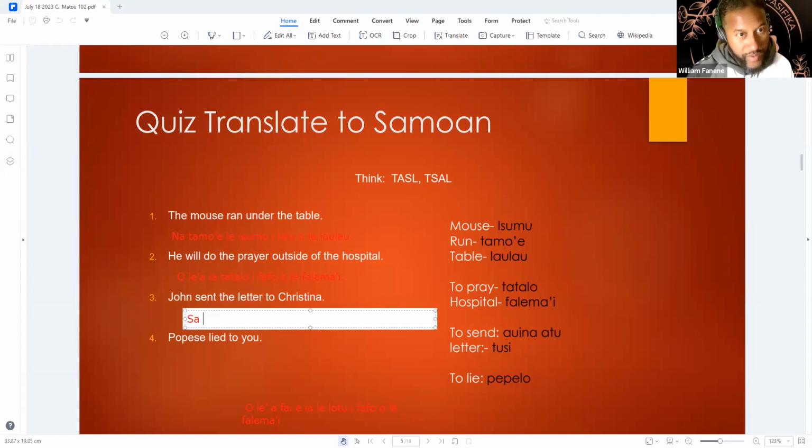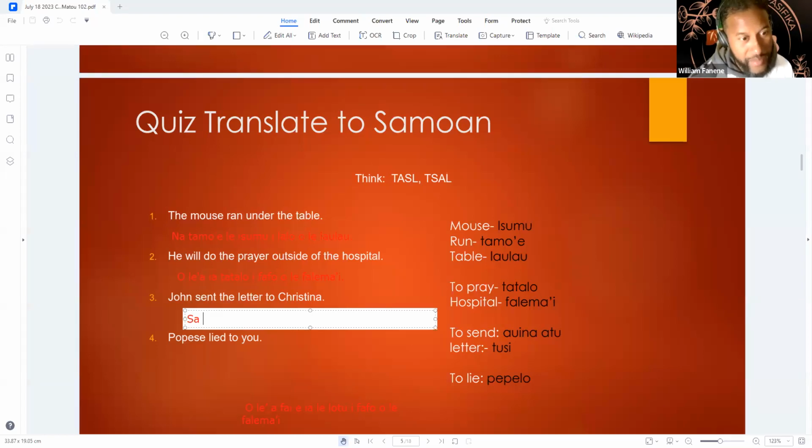So is it sa, ua? Yeah, ua. I would say ua or na because if someone is asking what happened to the letter, John has sent, so it's kind of implied, John has sent the letter to Christina. Or if it's a long time ago or notable past, then na, like yeah, John sent the letter, so it's over and done. But again, people will say na and sa interchangeably.